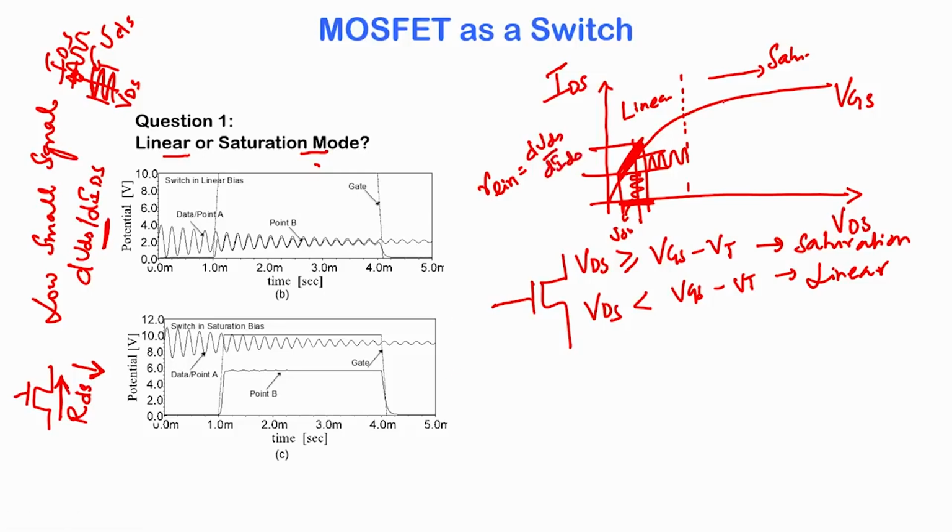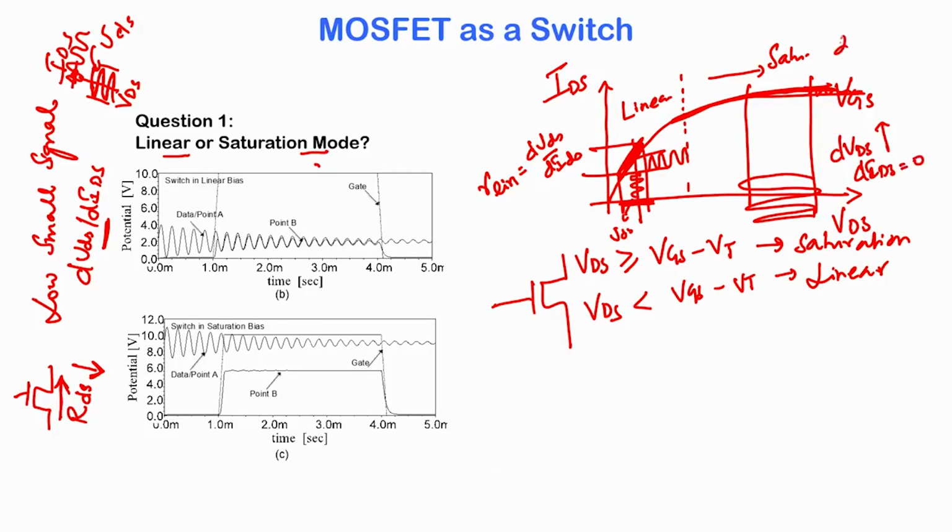Now, what about in saturation mode? If the MOSFET has ideal characteristics and this is perfect saturation, that is, there is no channel length modulation, a large fluctuation in the voltage does not fluctuate the current too much. That is, even if dVDS is very large, your dIDS is almost 0.